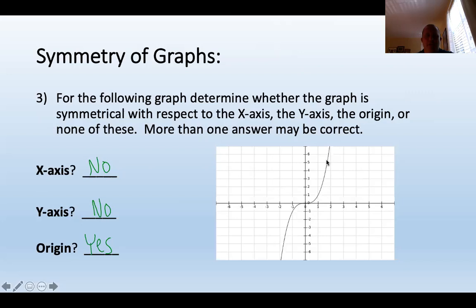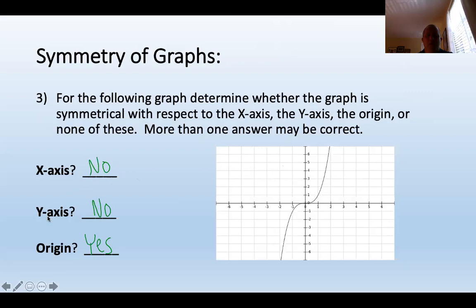If I reflect this top piece over the x-axis, it's going to be facing down right here, which wouldn't be the same graph. If I take my bottom piece and reflect it over the x-axis, it's going to be facing up on the left side, and it would not be the same graph. So we're going to say, no, it's not symmetrical with respect to the x-axis.